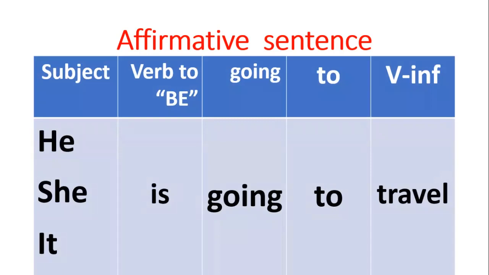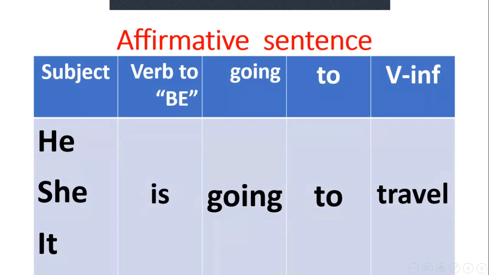Look here, my students. The sentence will begin with subject plus verb to be plus going to plus verb in infinitive. If our sentence begins with he, she, it, we must use verb to be is.